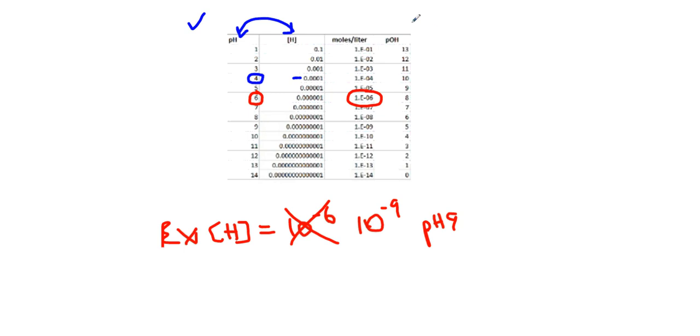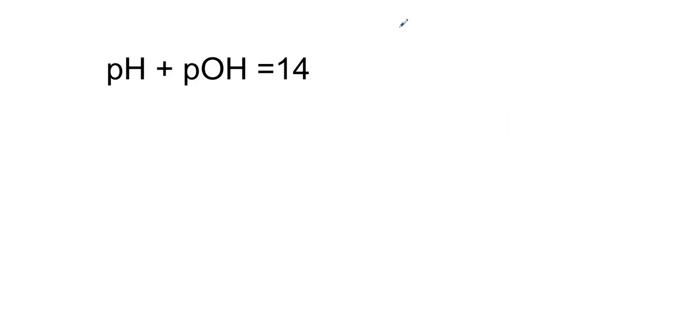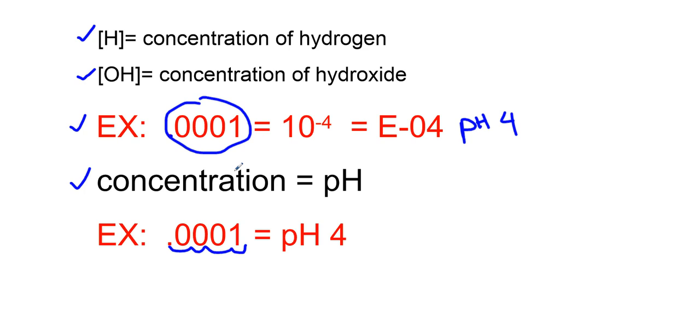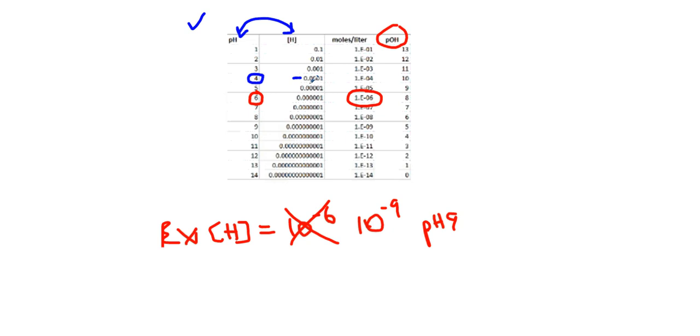Now you may have noticed, what's this over there? pOH. Well, it turns out you can do exactly the same thing with pOH. So the concentration of hydroxide gives you pOH. Let's take a look here. Let's try another one.